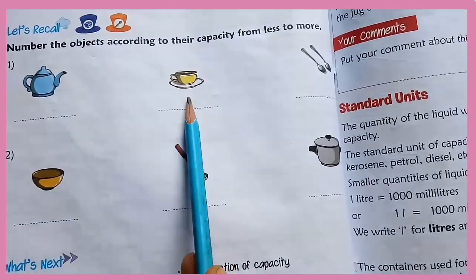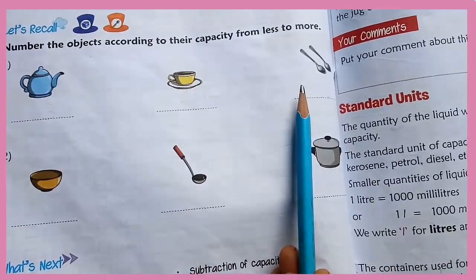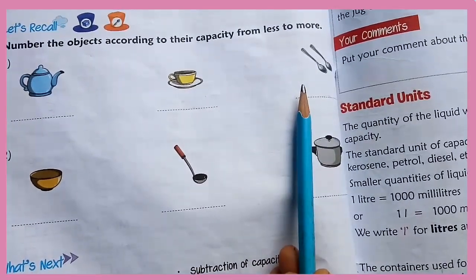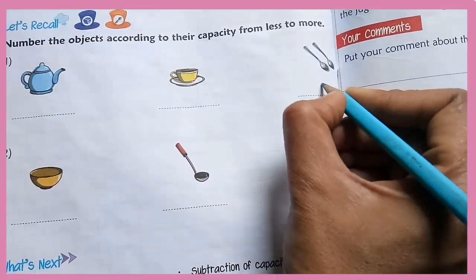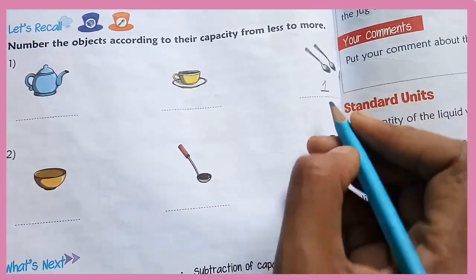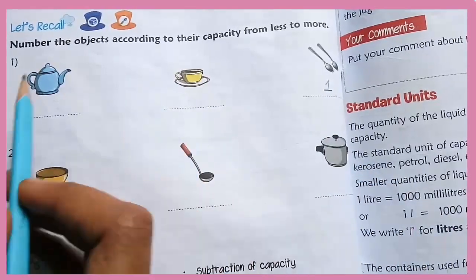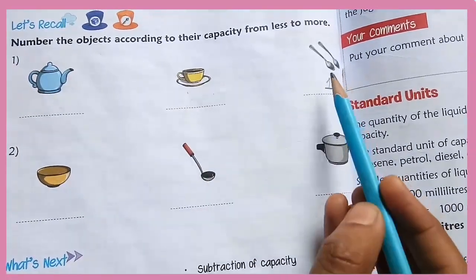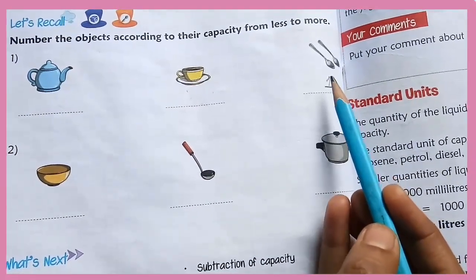Now you tell me, in these 3, which object is small in size? Yes, the spoon, right? So write down 1 here. Comparing to these 2 things, the capacity of the spoon is very less.